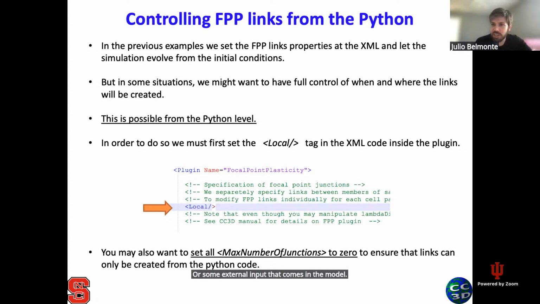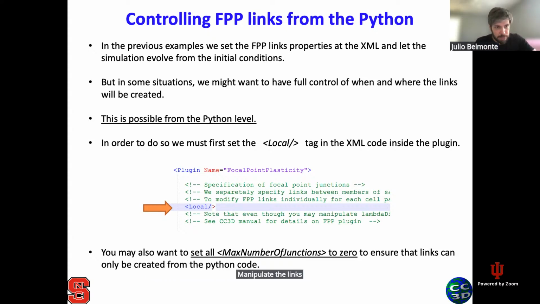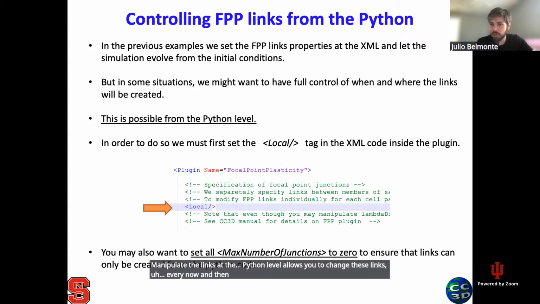All your cells are doing different things, but have the same set parameters. Manipulating the links at the Python level allows you to change these links every now and then according to some kind of input or some other given frequency.